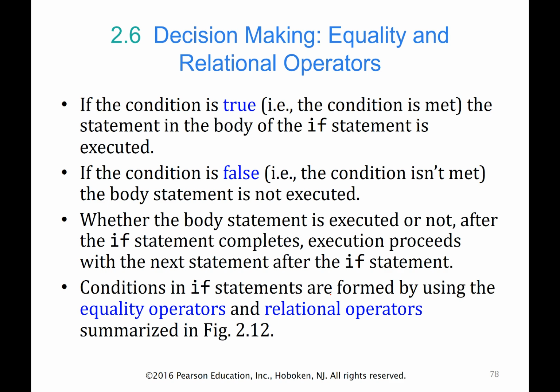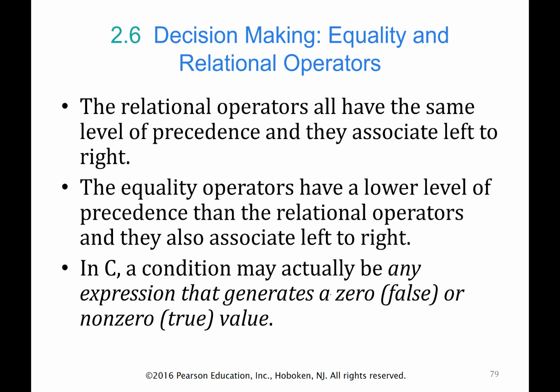Now we won't get so much into the relational operators, but in C, a condition can be an expression that generates either a zero or a non-zero. So if we have a mathematical expression that evaluates as a zero, C treats that as false.